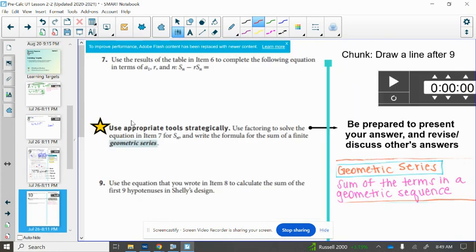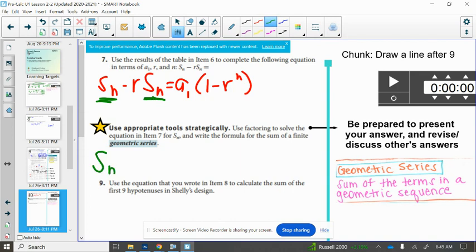If we start using these results, at the bottom of page 25, we have S sub n minus our r value times S sub n equals that last column. If we rearrange this and take out the GCF that they both have in common, that S sub n, we are left with 1 minus r on this side, and the first term times 1 minus r to the n on the second side.